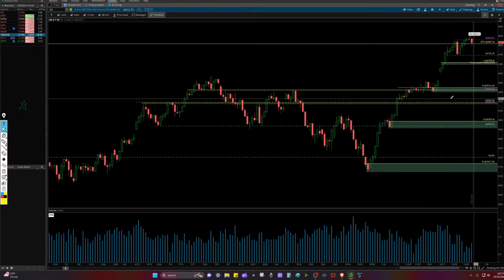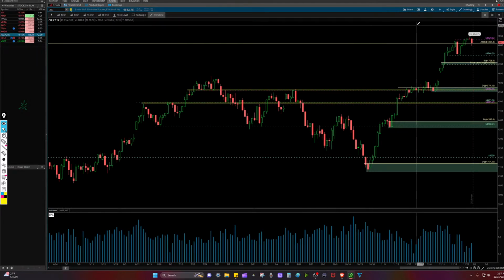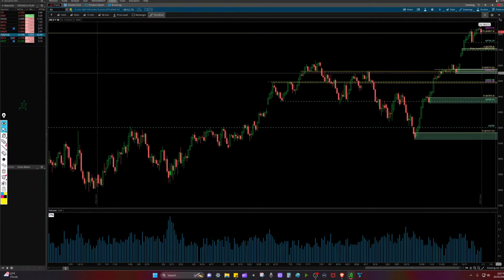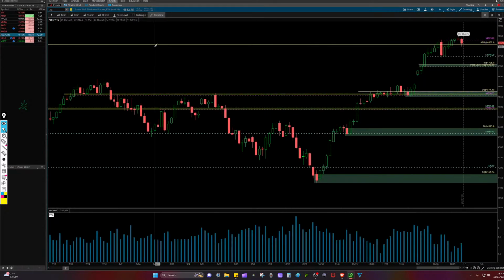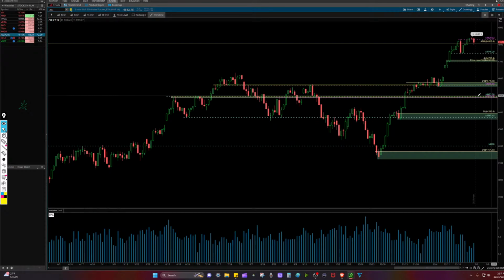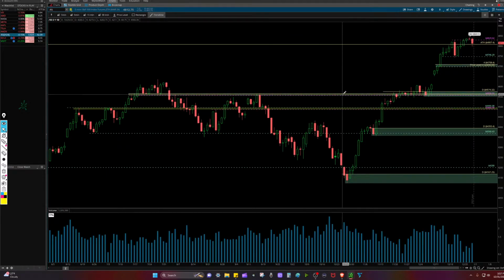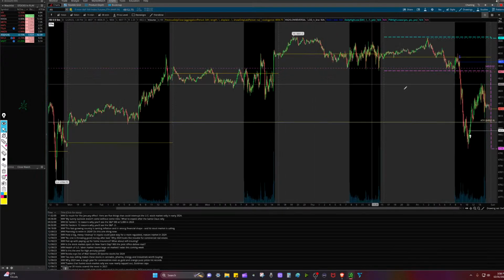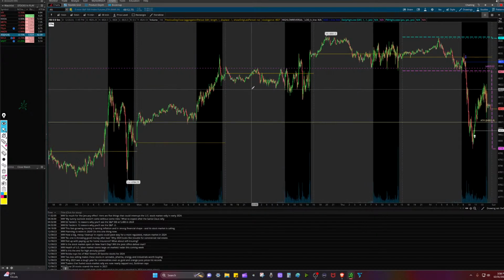So I always start from a top daily time frame. This is SPY, E-mini S&P 500 futures. I like to look at the futures because it has very nice data that comes in.